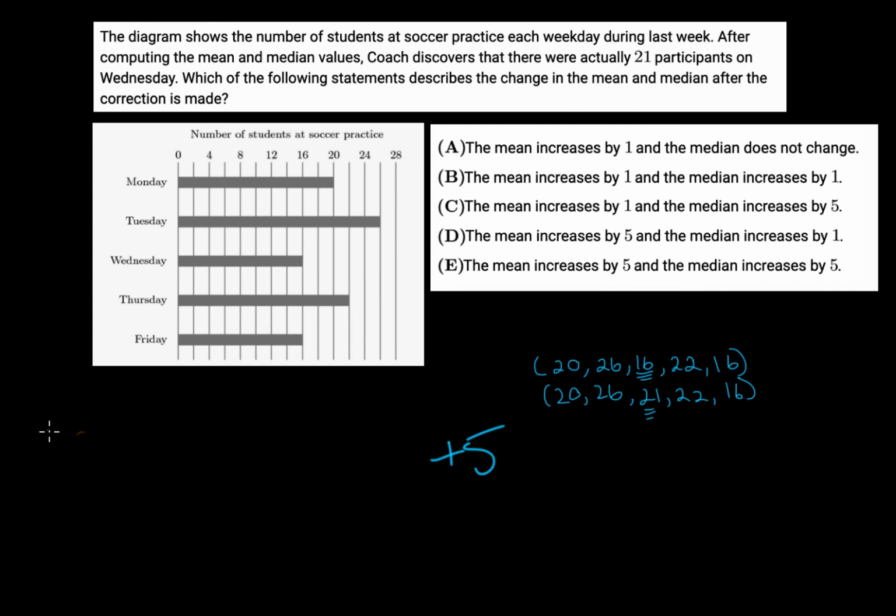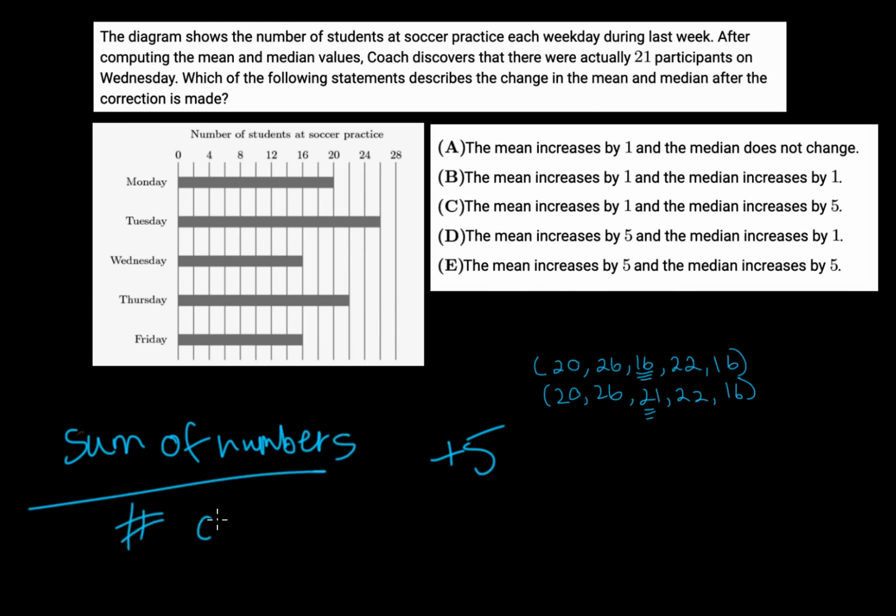And we know that our formula for computing the mean is the sum of the numbers divided by the number of numbers. So it's still the same number of numbers, as you can see, both are 5, but you're adding 5 to the sum, to the numerator.